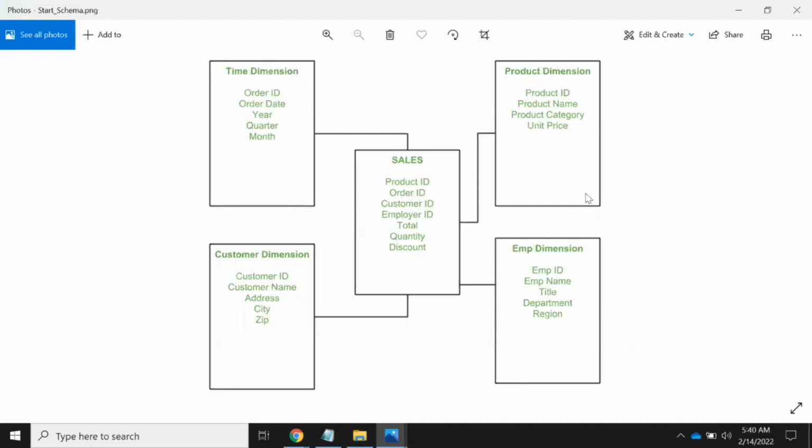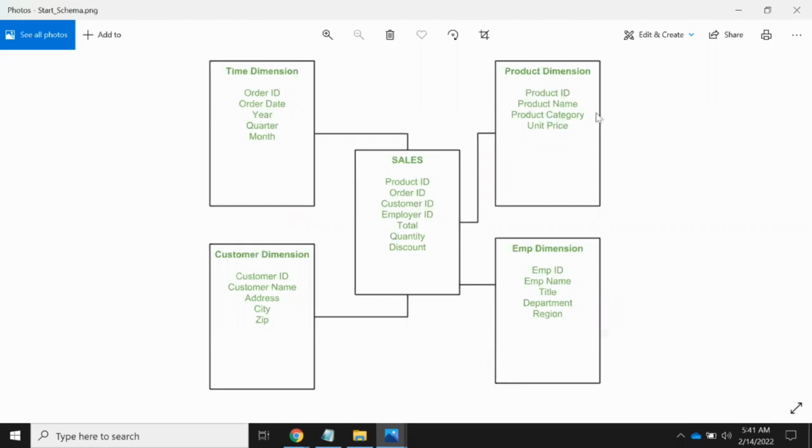Now how will they be analyzed from these dimension tables? Forget about the other dimensions and consider only the product dimension. You can see only information related to product. For a product ID, you can view the unit price and product category.